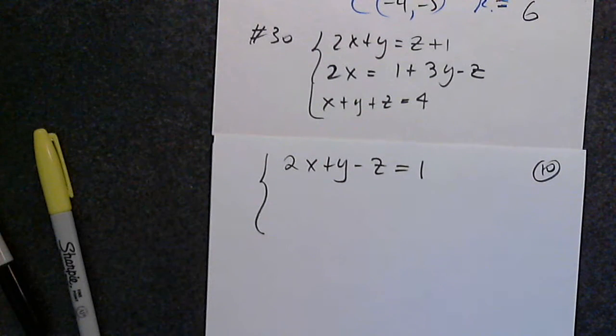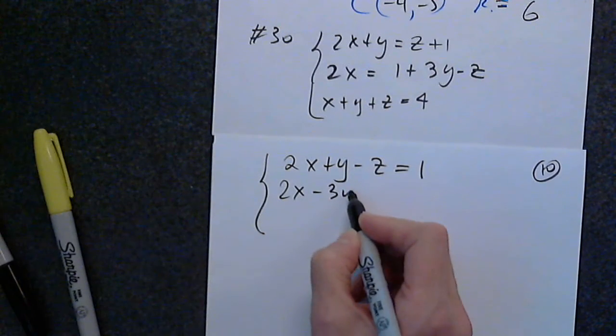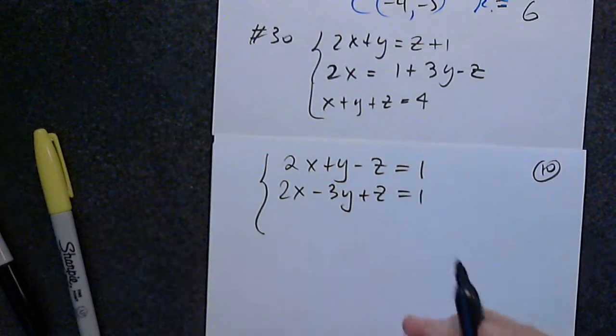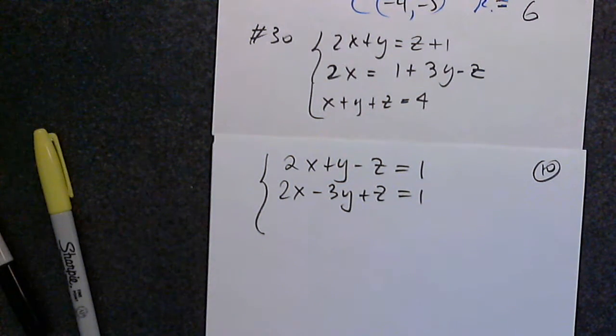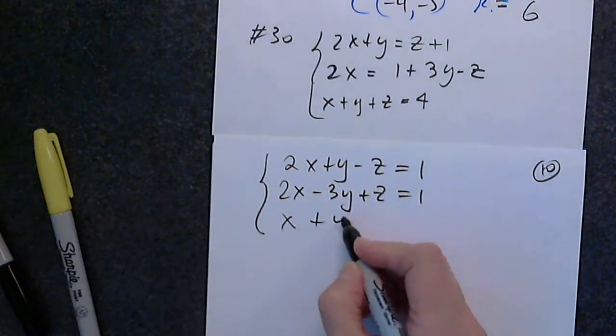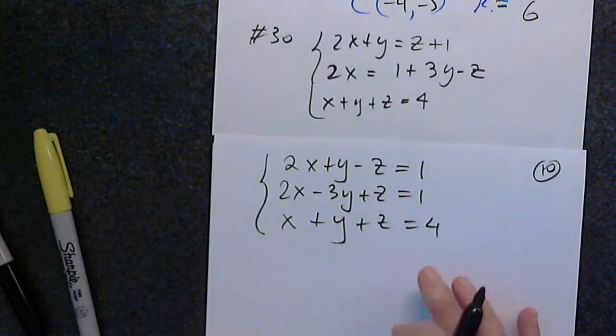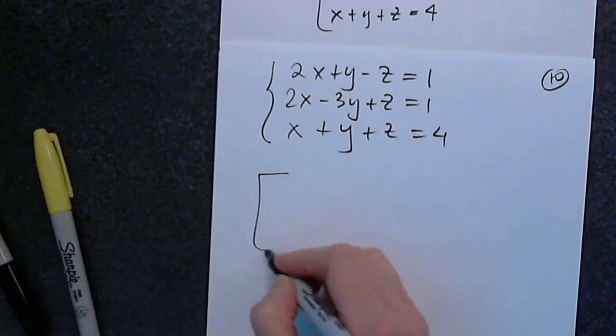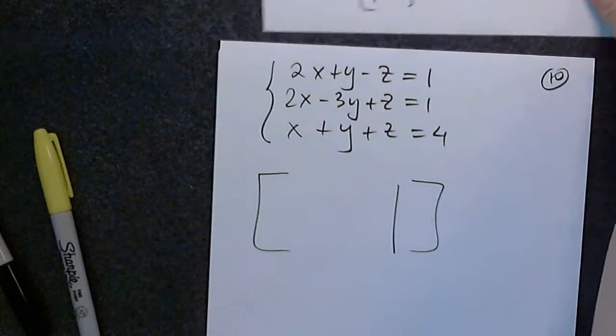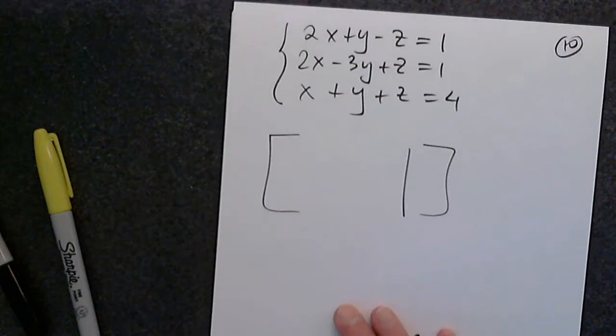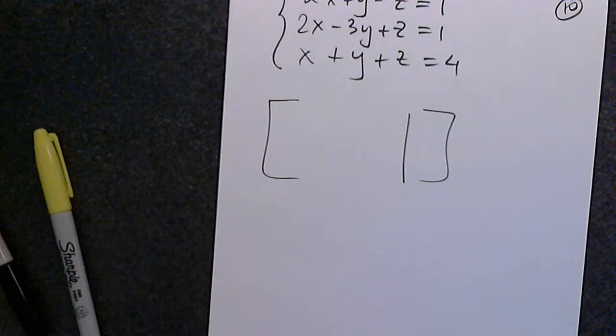In other words, x, y, and z. Then 2x minus 3y plus z equals 1. And then x plus y plus z equals 4. Now I can write the augmented matrix. What is the augmented matrix? By columns.